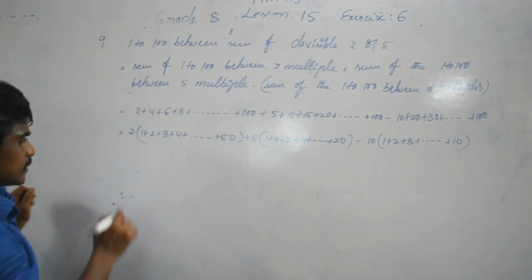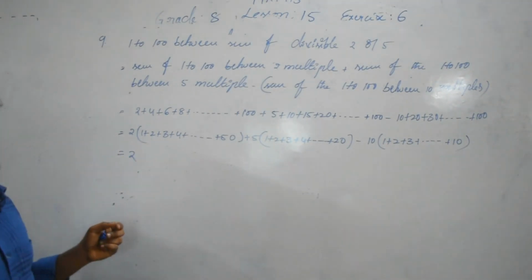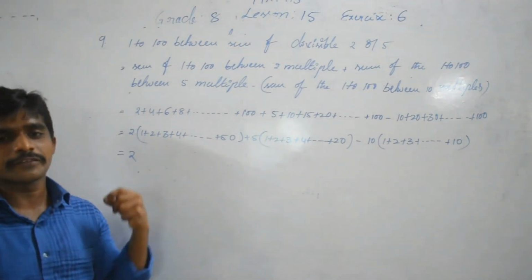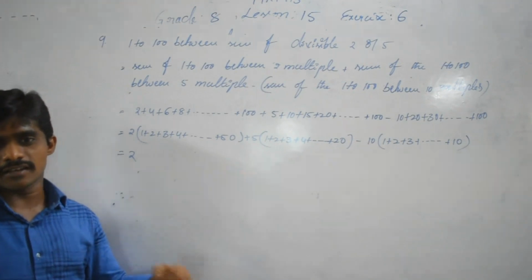So what is the sum of 1 to 50, consecutive natural numbers?